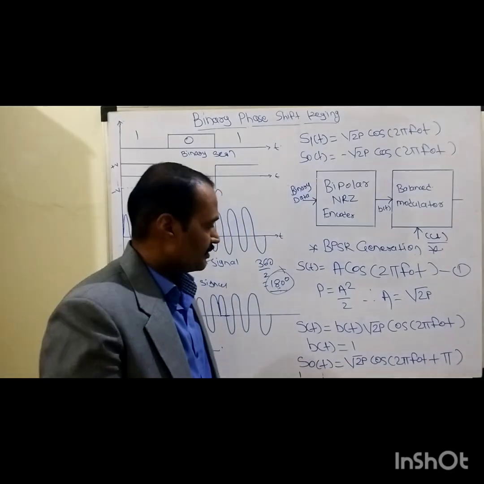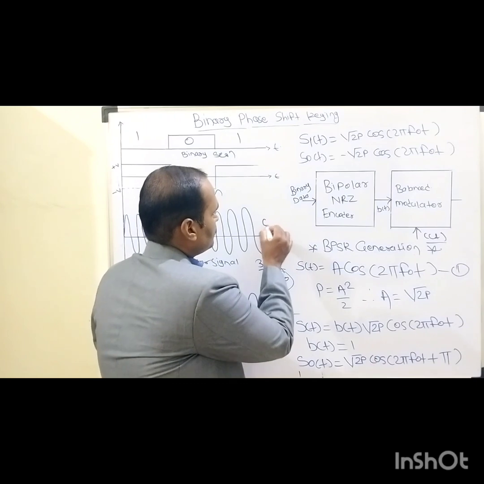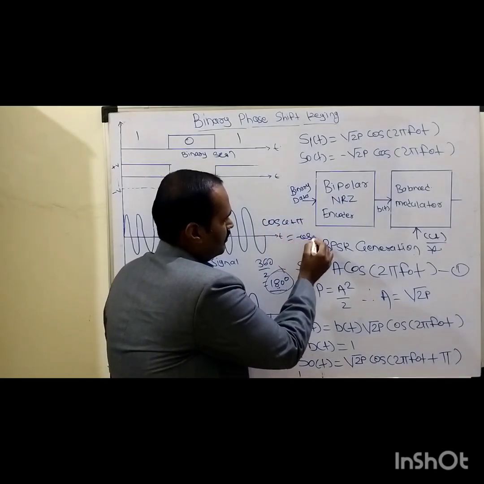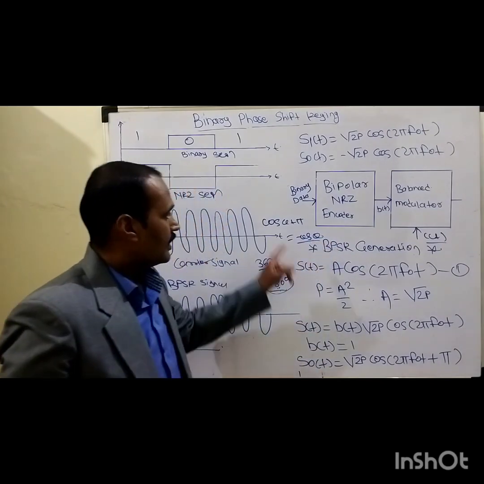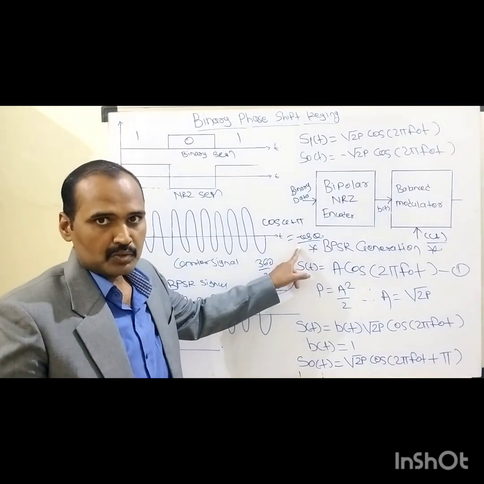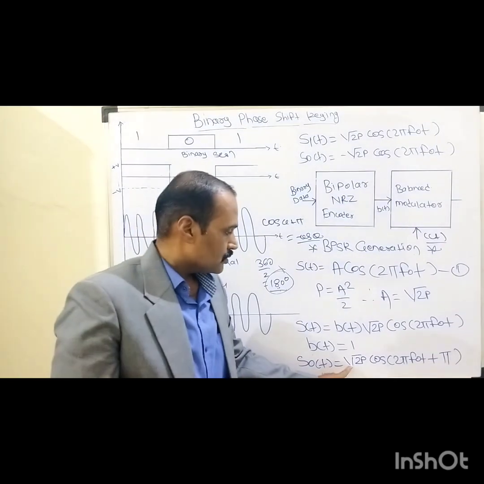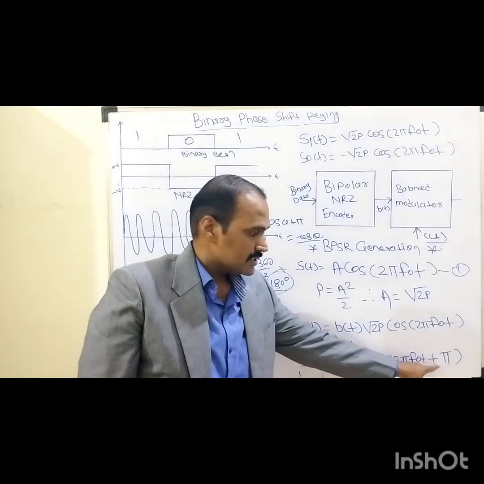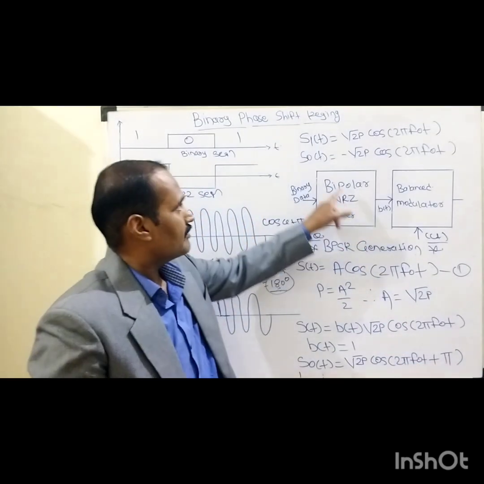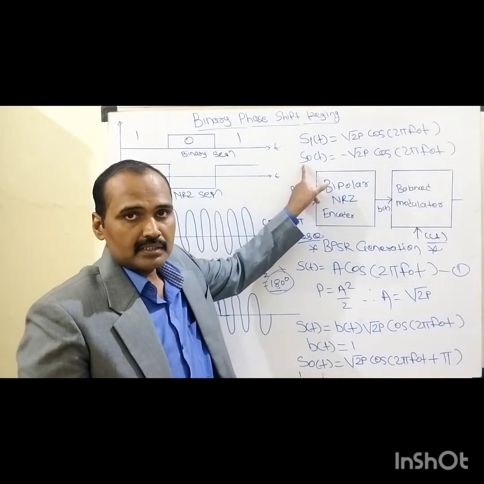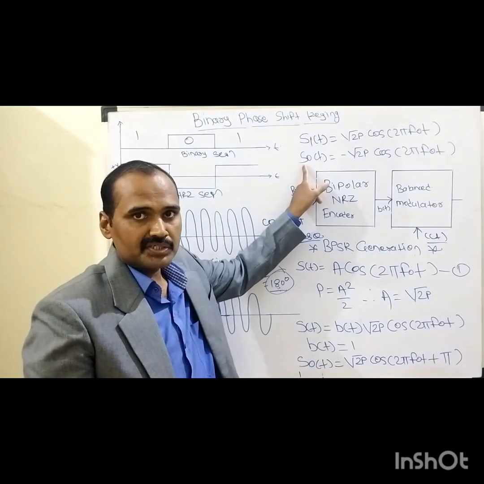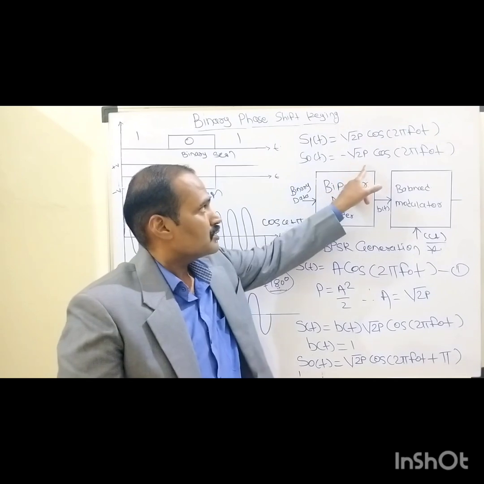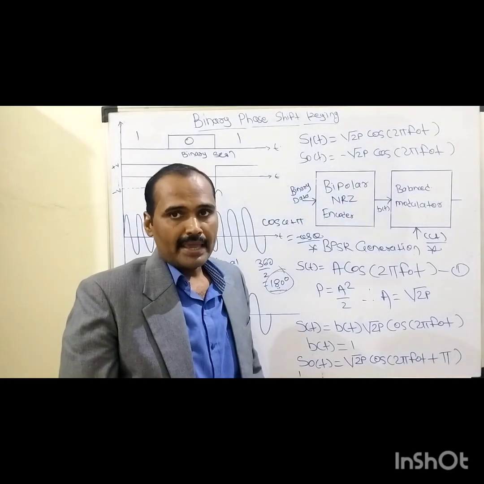As we know, cos of theta plus pi equals minus cos of theta. So root 2 times P into cos of 2 pi f naught t plus pi becomes the representation of the zero symbol in the binary phase shift keying technique: minus root 2 times P into cos of 2 pi f naught t.